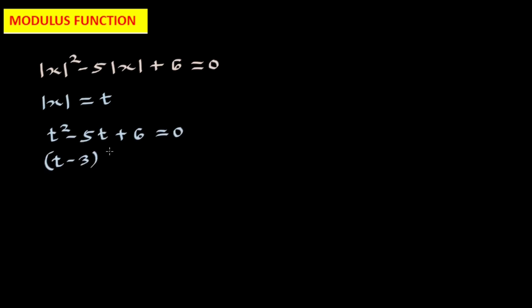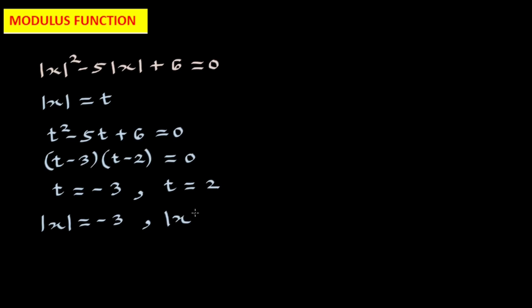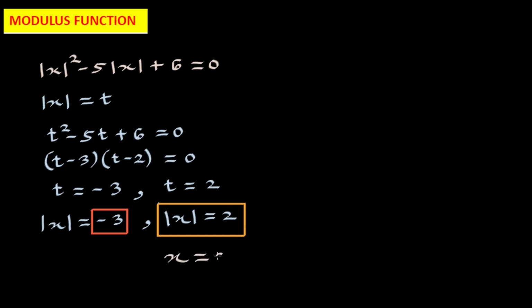So t minus 3 into t minus 2 equals 0. t equals 3 and t equals 2, which means mod x equals 3 and mod x equals 2. Here the modulus value is negative, which is not acceptable. Therefore mod x equals 2 is the only solution, which gives solution x equals 2 and x equals minus 2.